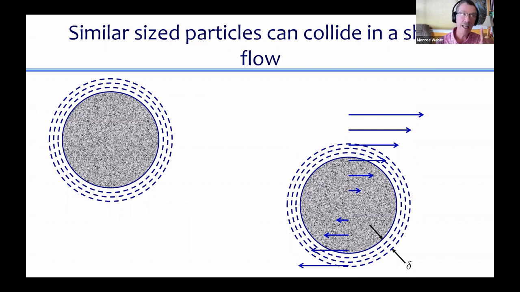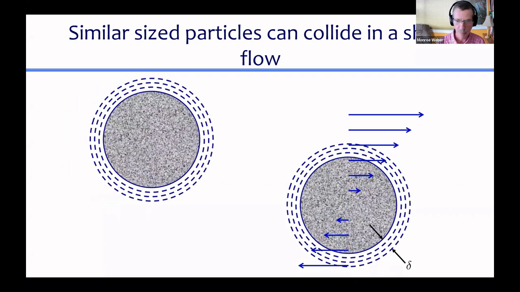And now look what happens. Now the streamline that would be going through the center of the particle on the left does deflect up as it goes past the second particle, but not so much that the second particle isn't able to reach through the boundary layer, because the first particle has a really large radius.